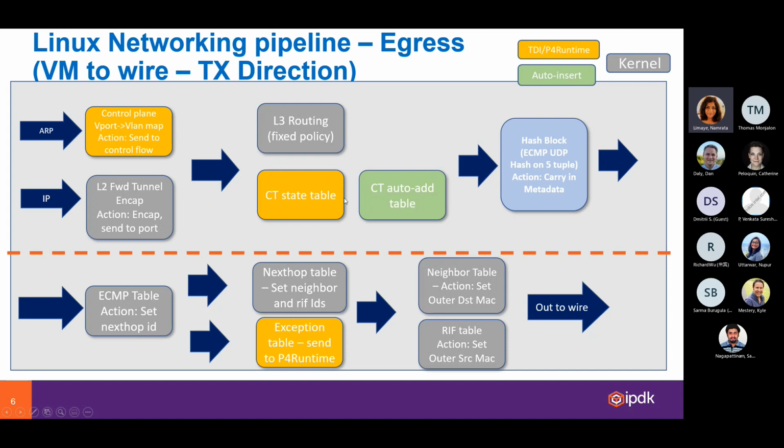This is a small initial example of the TCP state table pipeline, or you could use it completely for a UDP pipeline. We have the CT.P4 and LNW CT.P4 that go through these transitions and basically add an entry into the CT auto add table. This is an exact match 5 tuple.